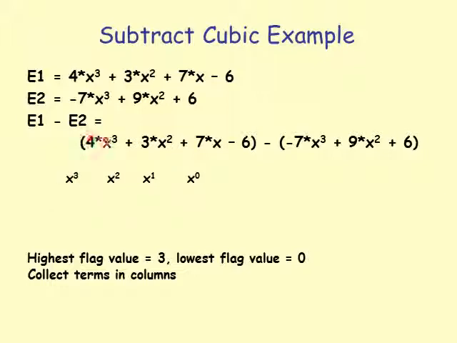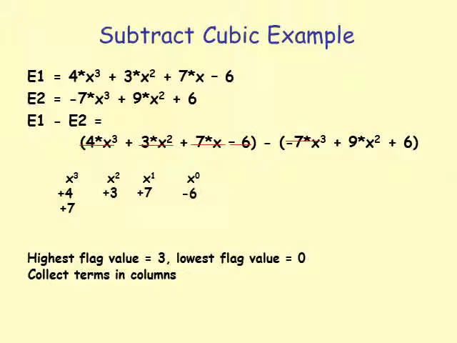We will collect that 4x cubed, coefficient 4, in this column here. From 4x cubed I got a plus 4 in the x cubed column. From plus 3x squared I got a plus 3 in the x squared column. From plus 7x I got a plus 7 in the x column. From minus 6 I got a minus 6 in the constant column.